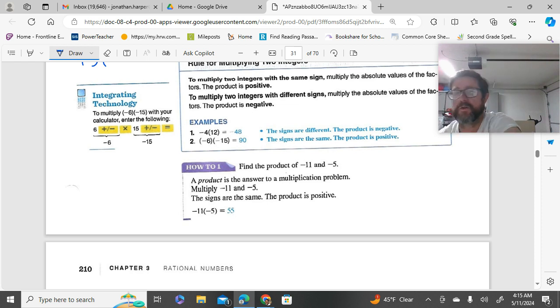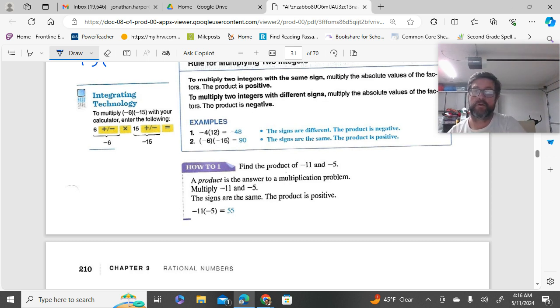So you would enter into your calculator, let's get our calculators up, negative 6. Then you would hit the times button, and then you would enter negative 15. And your answer should be positive 90.